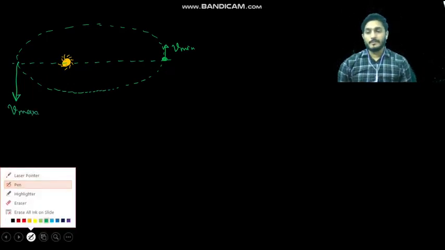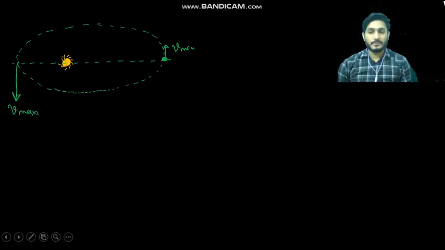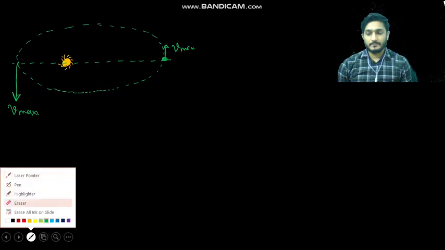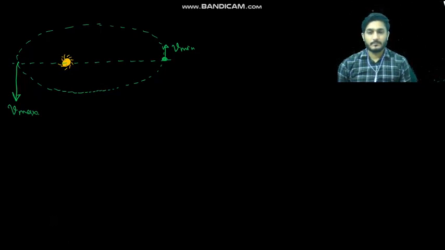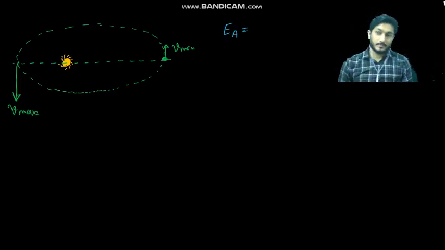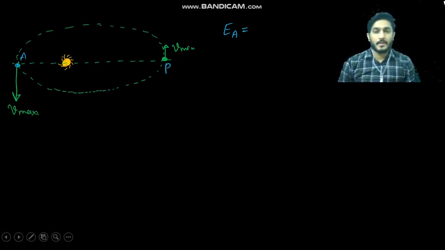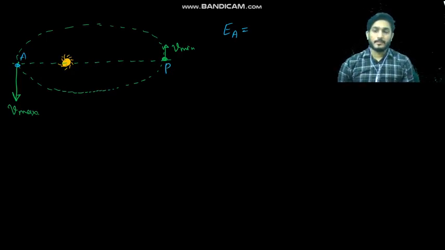Now I am going to conserve energy between these two special points. Okay, so what is the total mechanical energy at the point of aphelion? That is this point, and this is perihelion, so I'm calling it EP. Okay, so far so good.